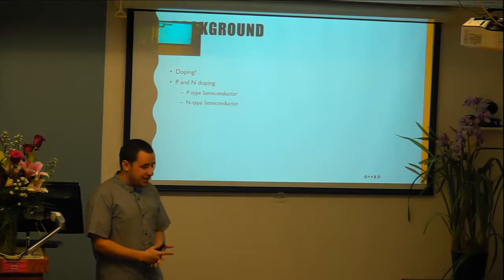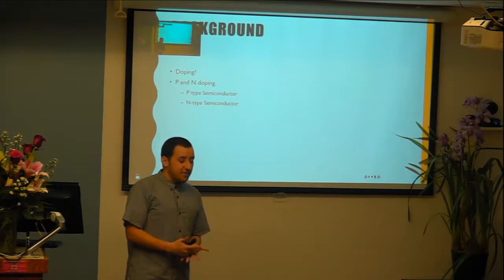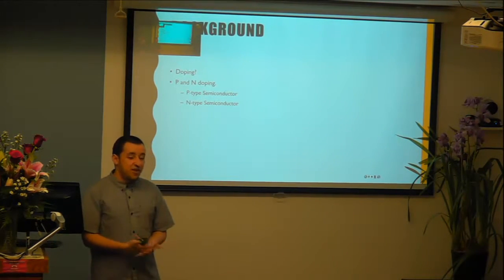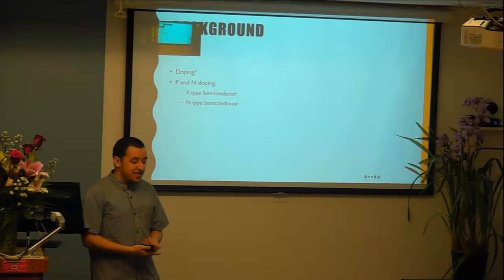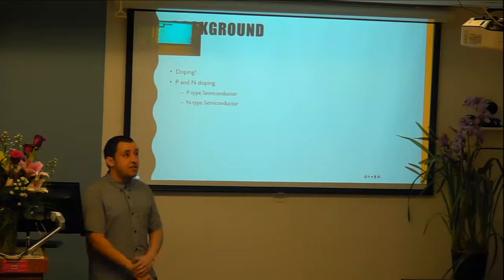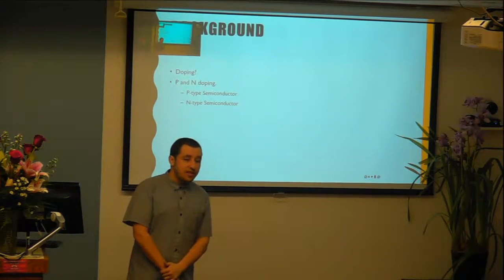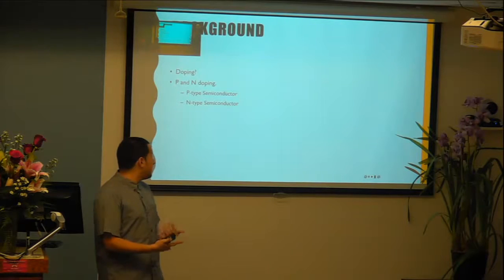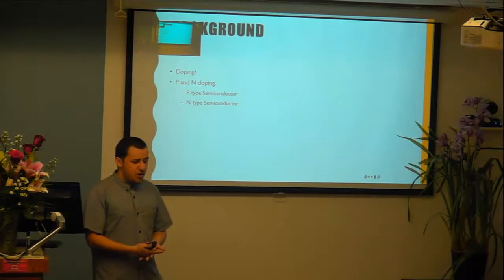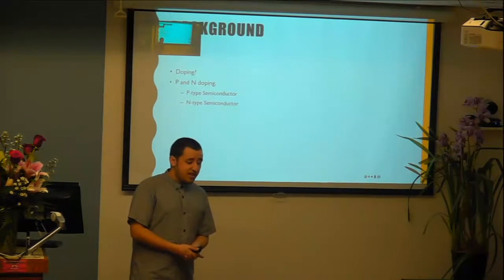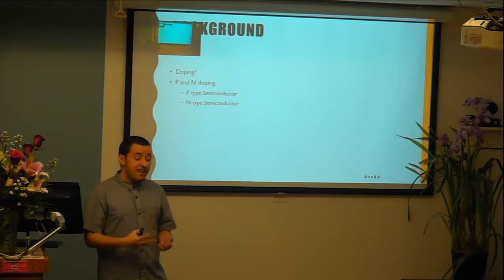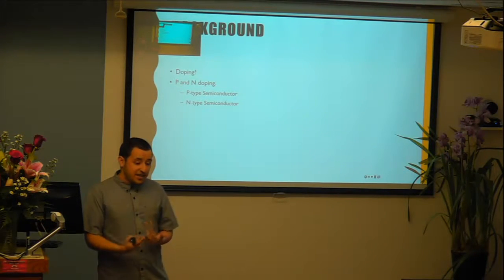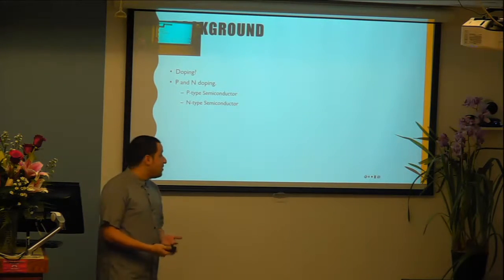But basically, what makes a perovskite cell is the doping, the P and N doping. As Landon was talking about, P types are usually electron hole carriers, and N type semiconductors are electron carriers. To make it work well, we need a junction where both the P type and N type work perfectly together.